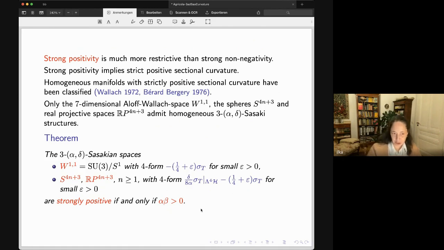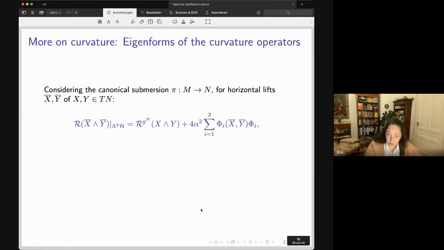And so I want to show you qualitatively what kind of results we are proving here, so that maybe in other geometric situations, maybe you're not interested in strong positive curvature, but you may be interested in the tools we're using. So the tools are basically eigenforms of the curvature operators, because we need to diagonalize them and then see what the eigenvalues are.